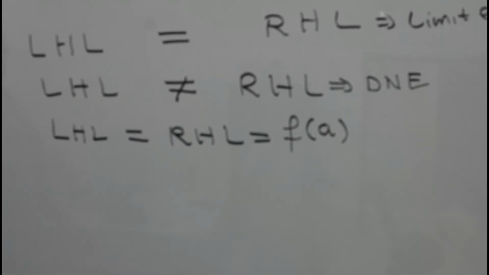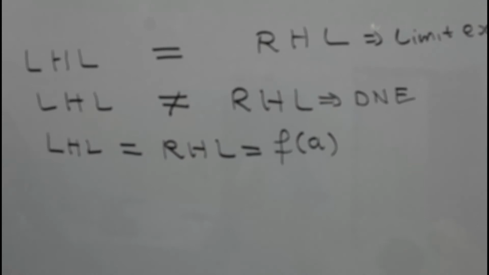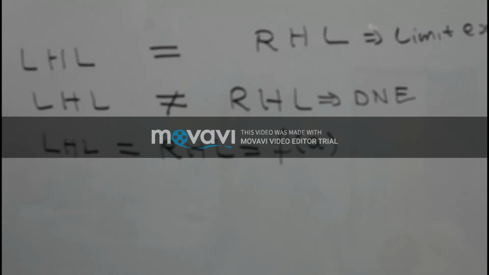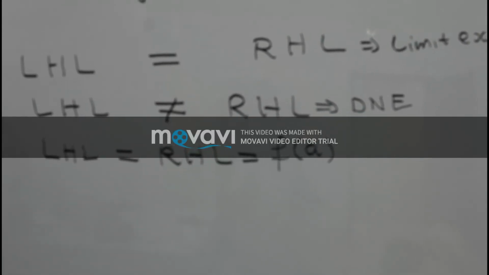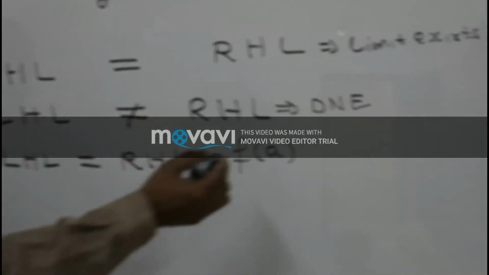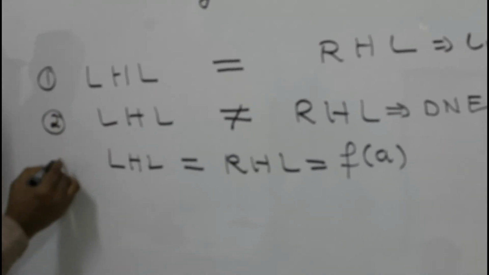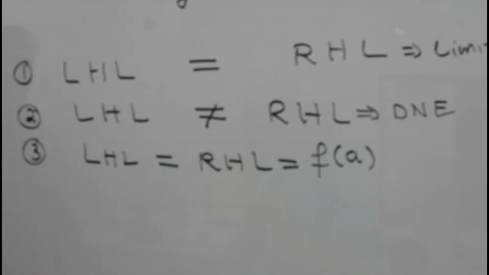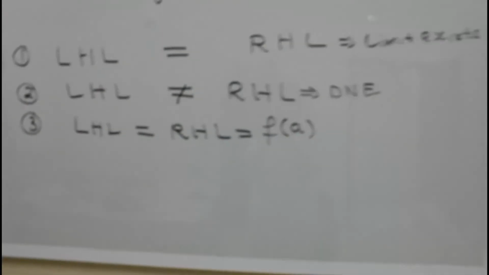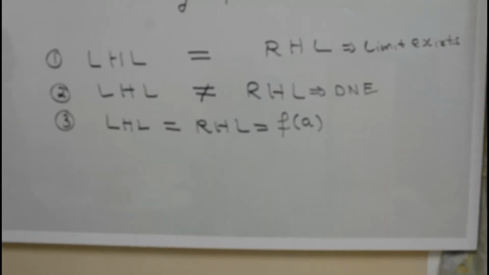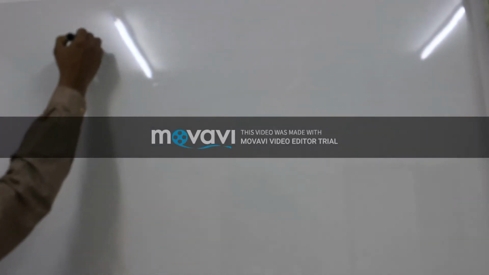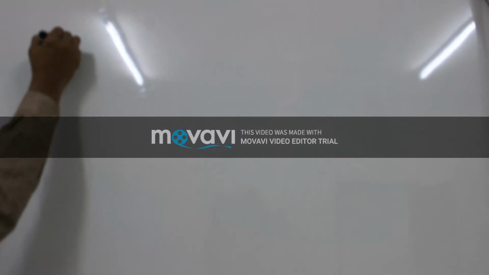This can be stated as the limit exists and the function is continuous. So these three rules we have to study in this lesson. Then we will go to an example for that.